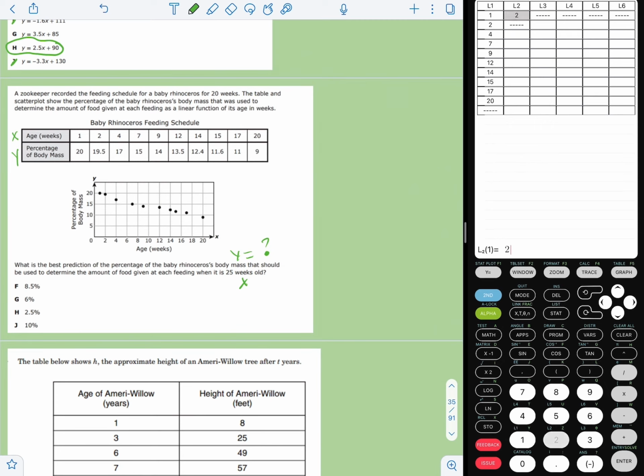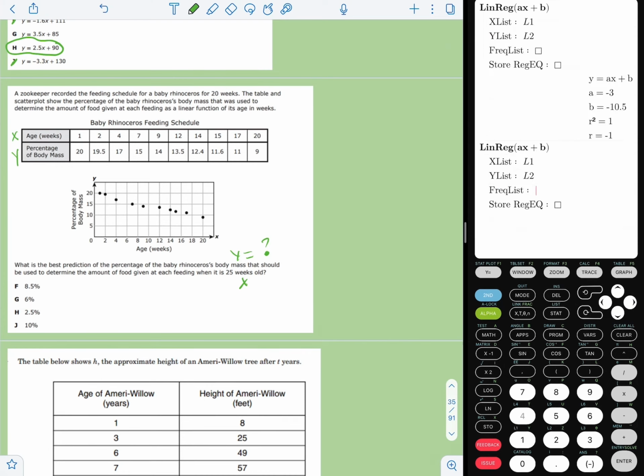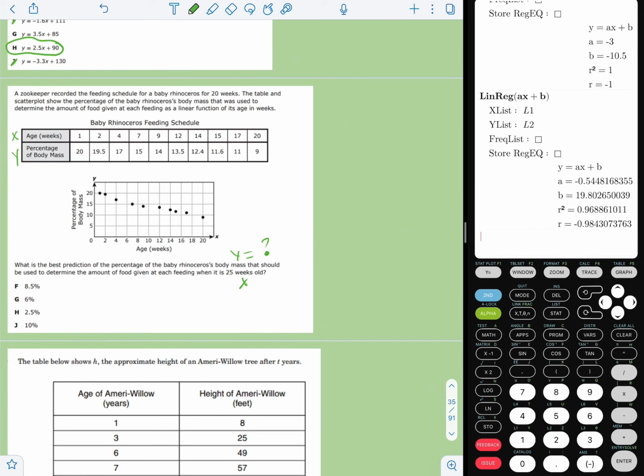And then for L2, we have 20, 19.5, 17, 15, 14, 13.5, 12.4, 11.6, 11, 9. All right, and now we're going to go to Stat, Calc, 4. Enter.